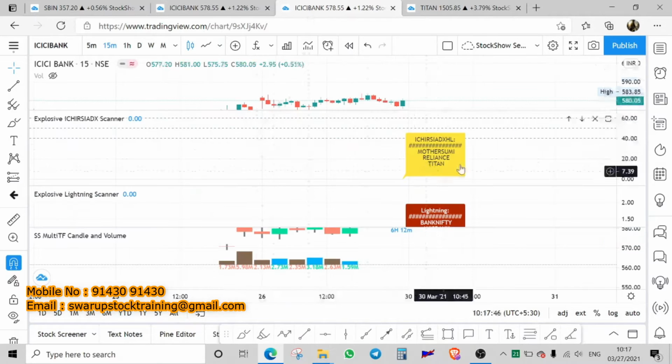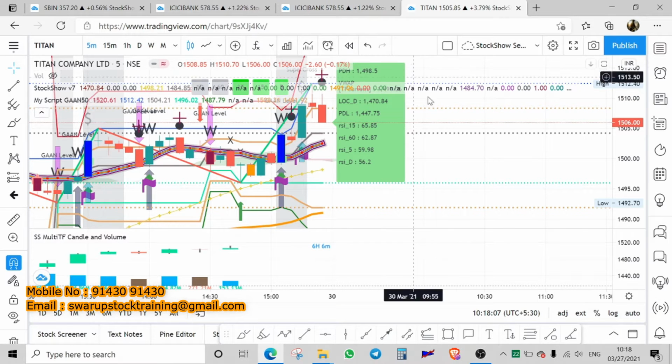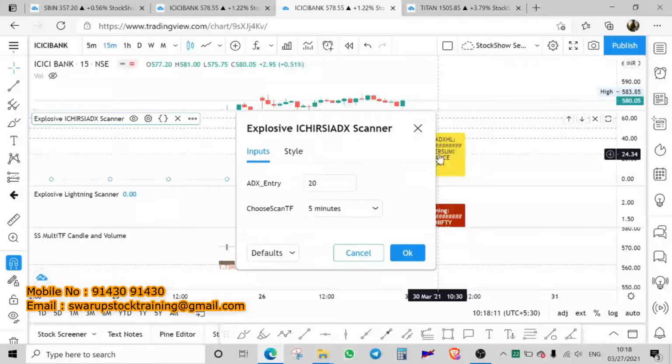We have another setup. This is our famous scanner. So for example, here you have a Bank Nifty scanner. If you look at the Bank Nifty stocks, you will get all this. Like this is a Titan stock, let's say. So here I have opened the Titan stock. What does this scanner say? It is a 5 minute candle scanner.